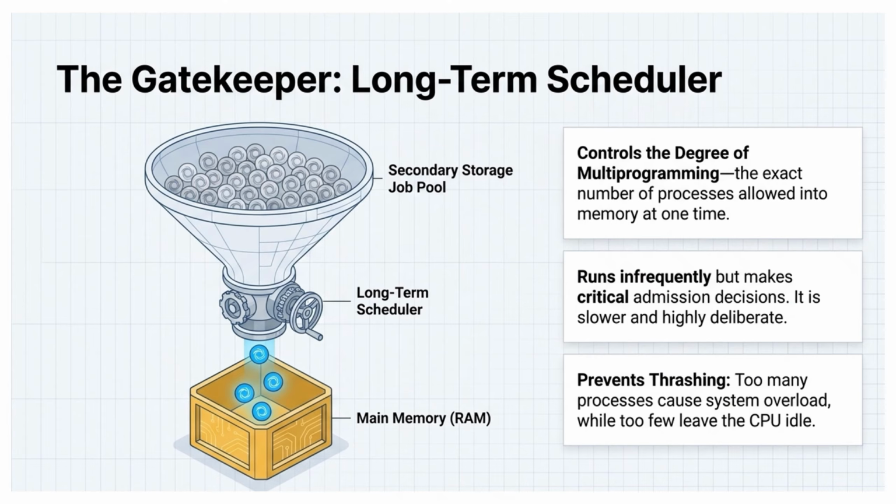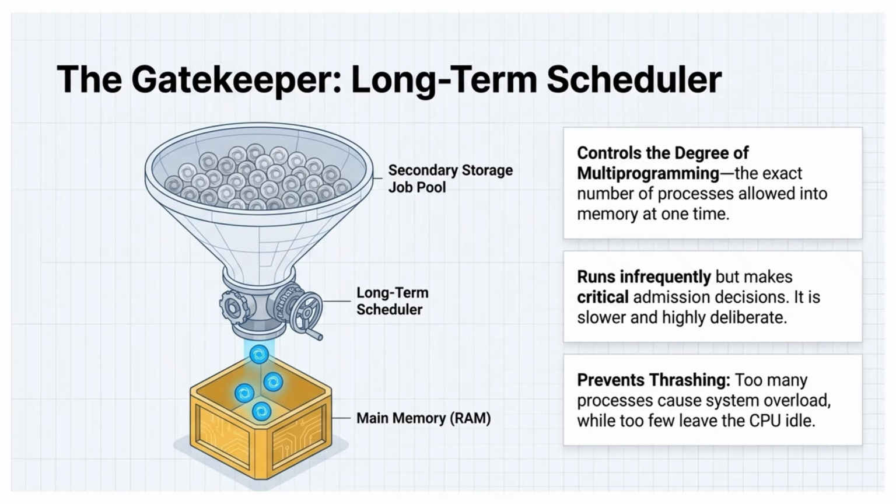The long-term scheduler selects suitable processes from this job pool and loads them into the main memory, or RAM. Only after entering RAM can a process compete for CPU time. In simple words, the long-term scheduler acts like a gatekeeper. It controls which processes are allowed to enter the system for execution.